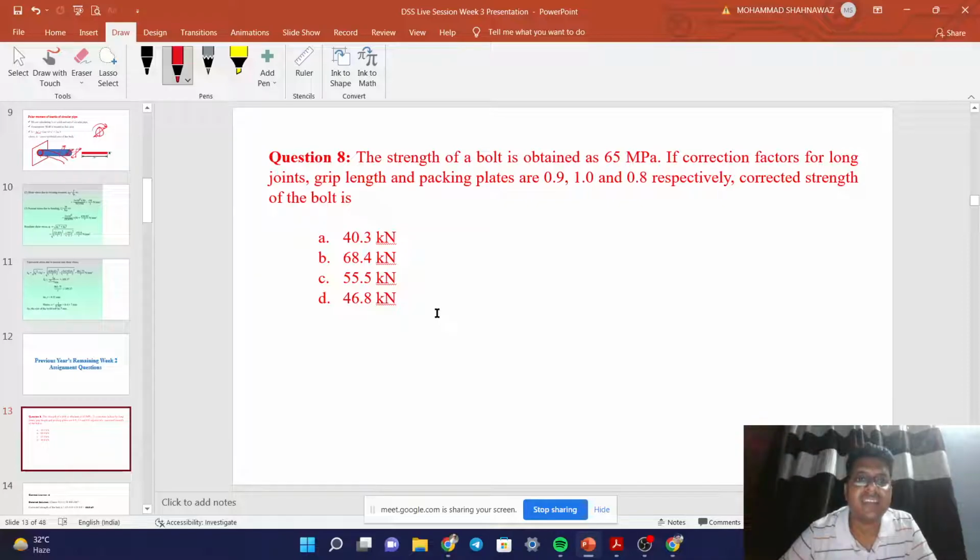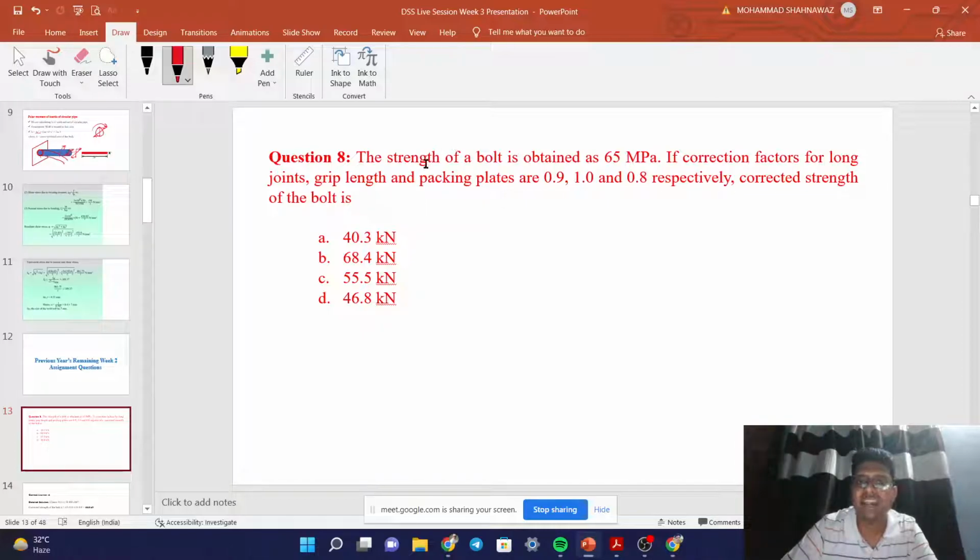So here you can see question 8: the strength of a bolt is obtained as 65 megapascal if the correction factors for long joint, grip length and packing plates are 0.9, 1.0 and 0.8 respectively. So what is the corrected strength of the bolt? We have to take into account all these correction factors and report the corrected strength of the bolt.